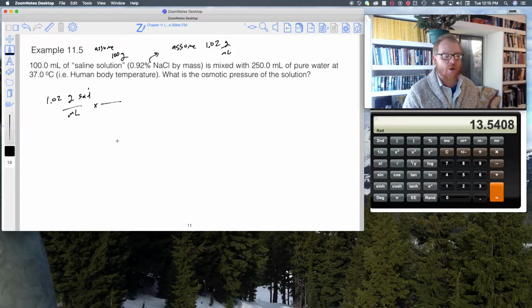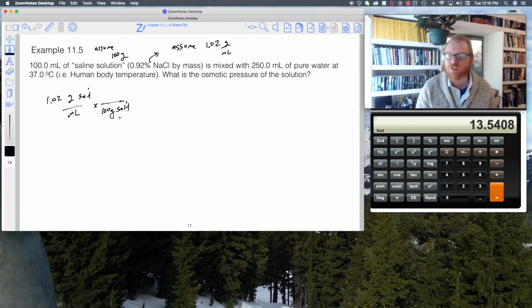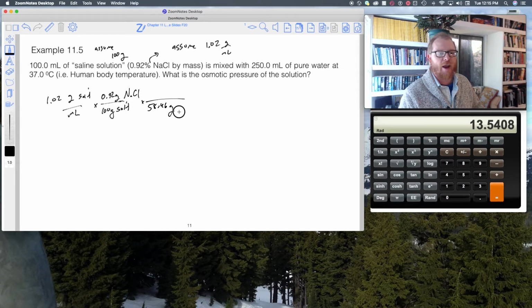If I have 100 grams of this solution and it's 0.92% by mass, then I have, excuse me, not 0.92 grams of the solution, but rather 0.92 grams of NaCl. And now that allows me to say 58.46 grams of NaCl in 1 mole.